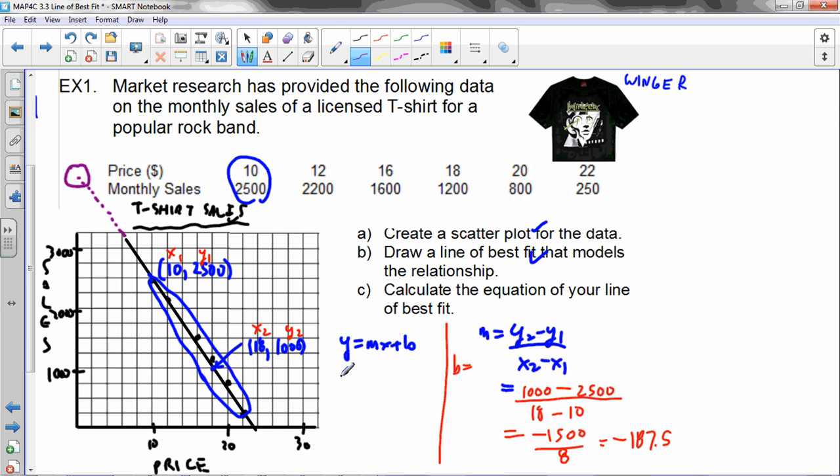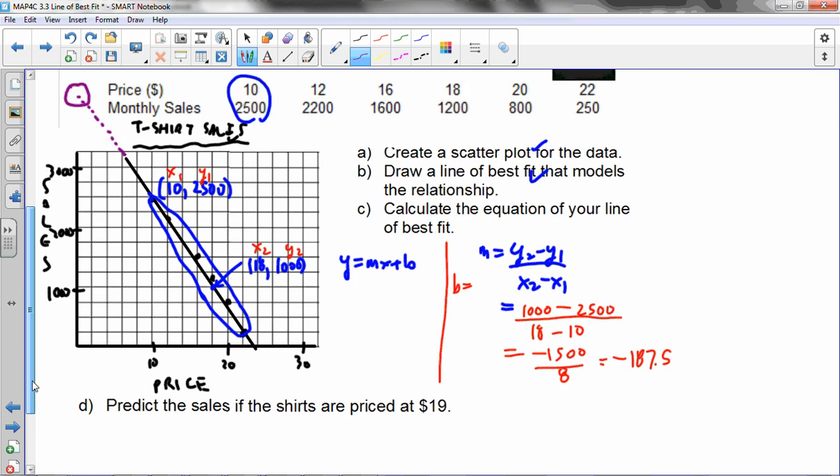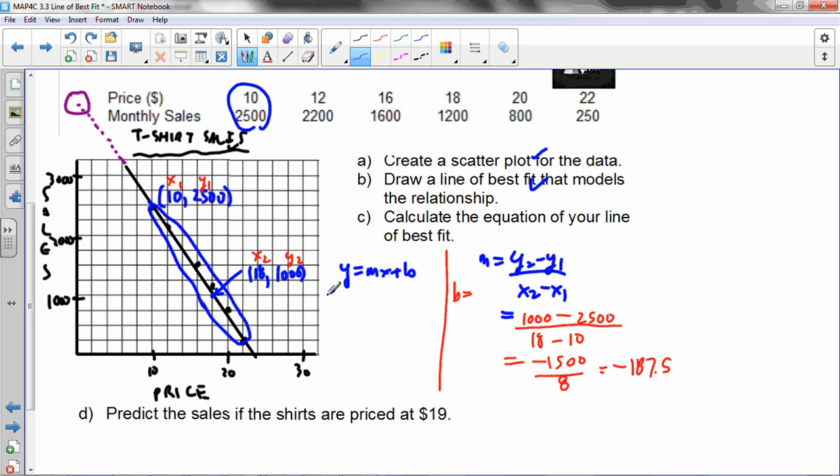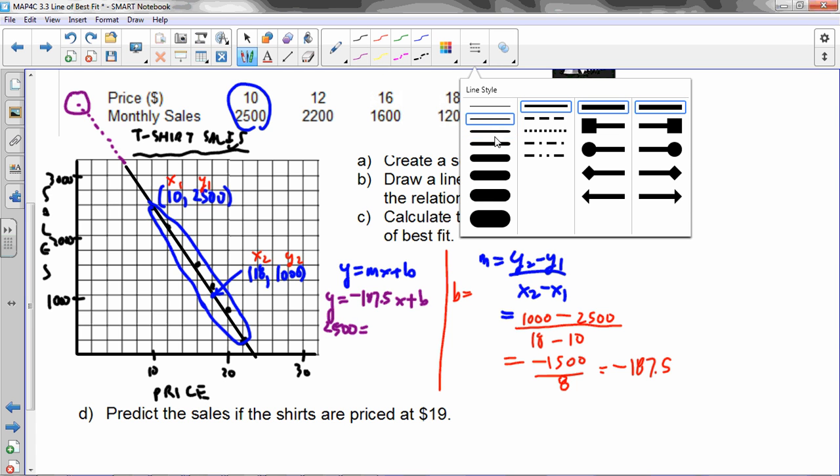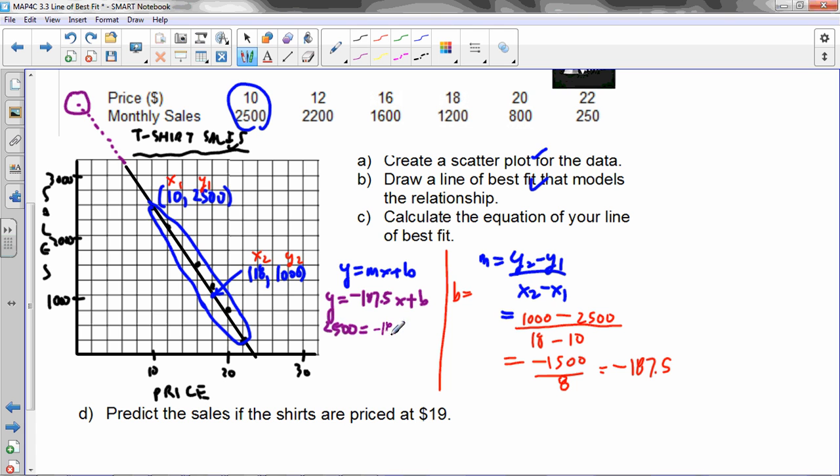I'm going to actually calculate this, which will take some room up, and I'm running out of room, but that's okay. y equals negative 187.5x plus b, and I'm going to use one of my points here, 2,500. Change my pen, get it a little bit smaller. 2,500 equals negative 187.5, and x was 10, plus b.